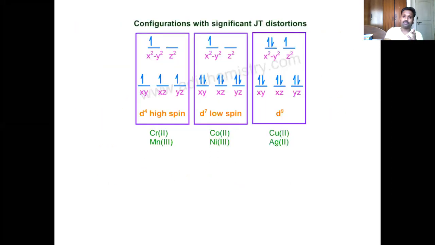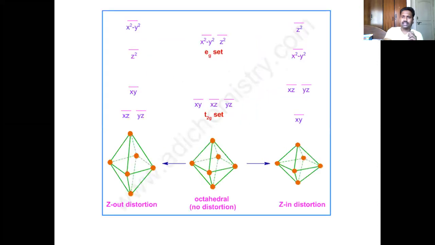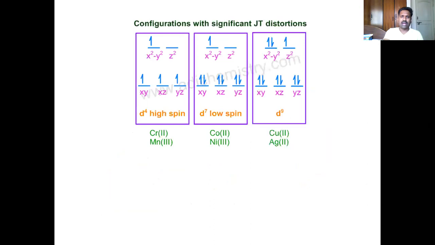Usually, the disturbance in the EG set, you will learn this more in your inorganic chemistry. Jahn-Teller distortion is more observed in the EG set than in the T2G set.